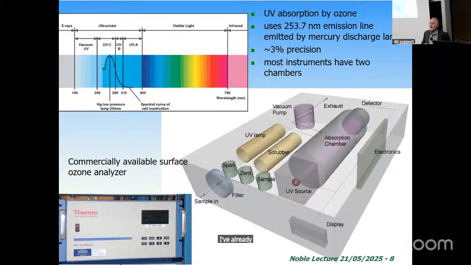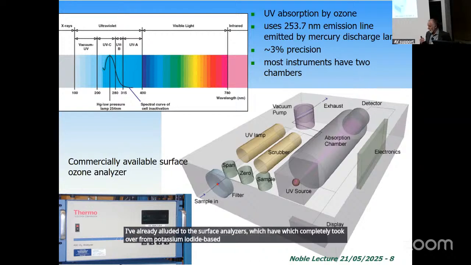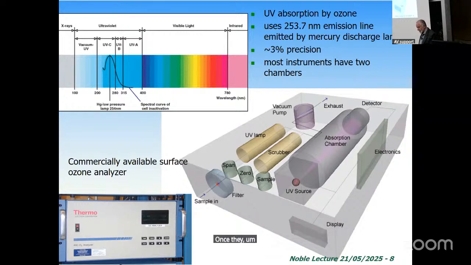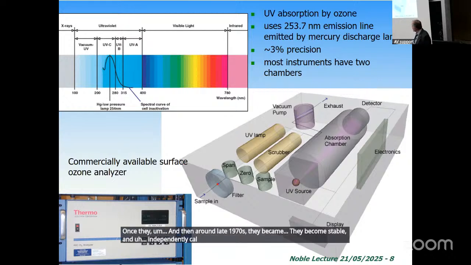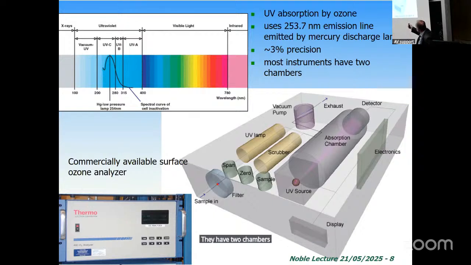I already alluded to these surface analyzers, which completely took over from potassium iodide-based analyzers around the late 1970s, once they became stable and independently calibrated. They have two chambers, and they continually switch between the chambers.